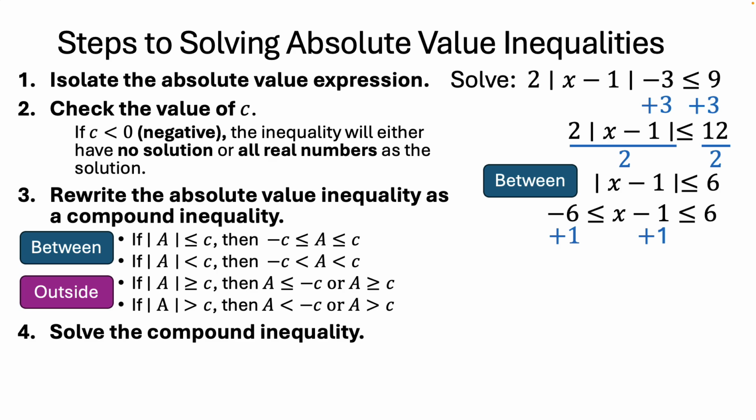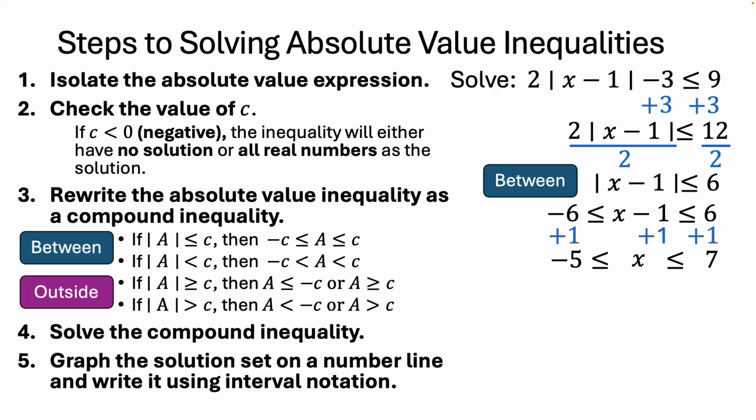So I'm going to add 1 to the left side and add 1 to the right side. Now let's total everything up. On the left side, we'd have negative 6 plus 1 is negative 5, which is less than or equal to x, which is less than or equal to 6 plus 1 is 7. So this would be my solution set in inequality form.